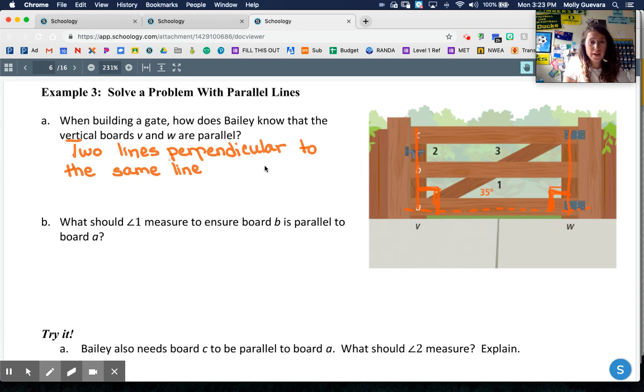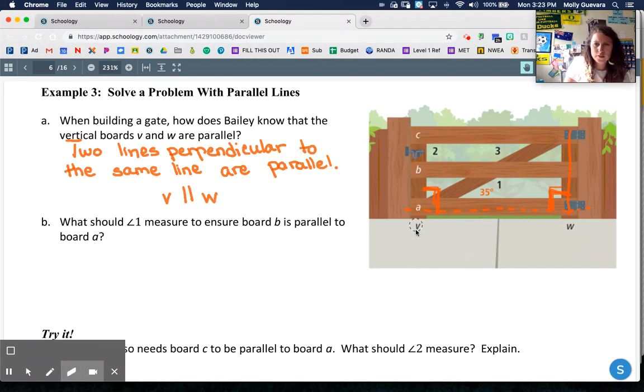So I have two lines that are perpendicular to the same line, so those lines are parallel. So that tells me that V is parallel to W. Okay, so there's that.